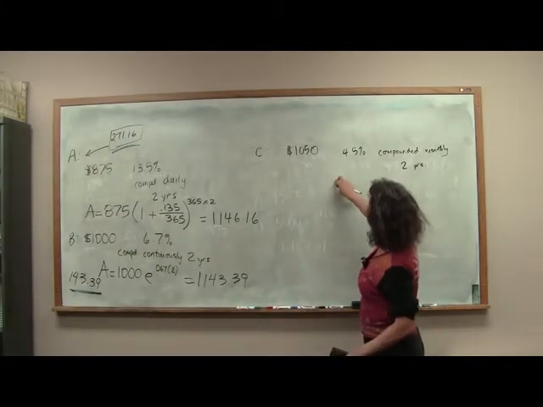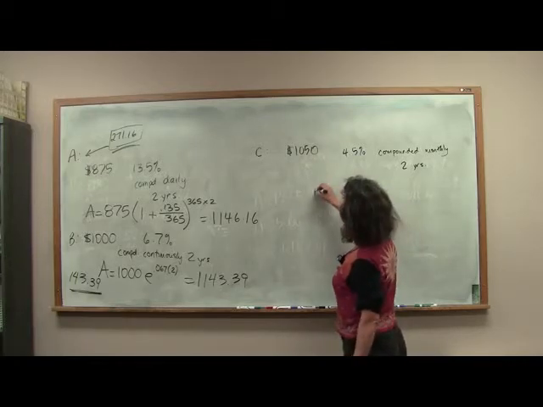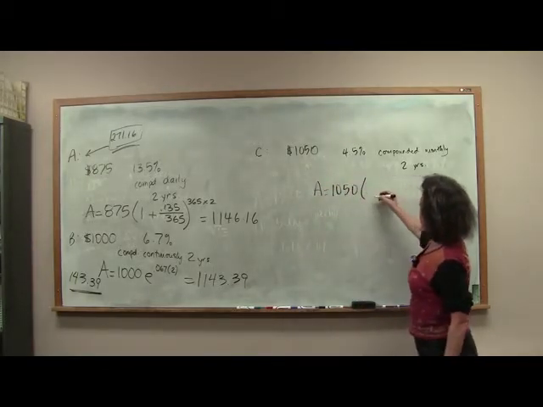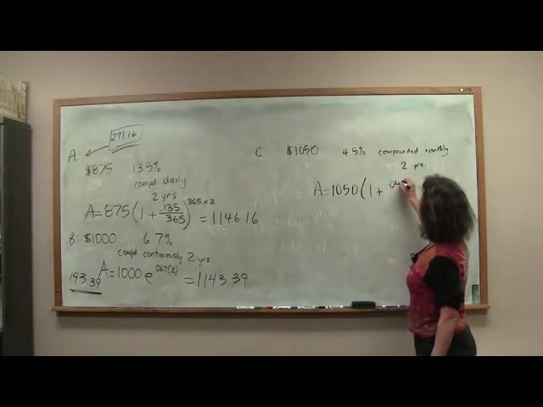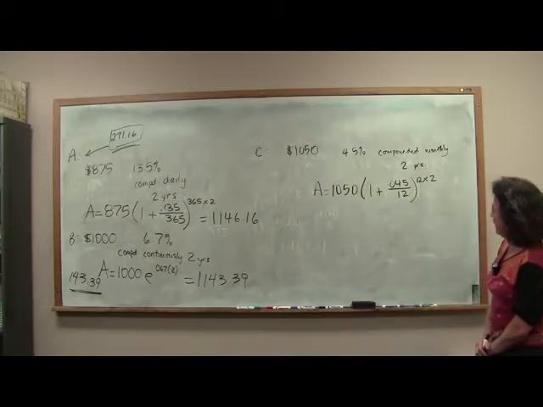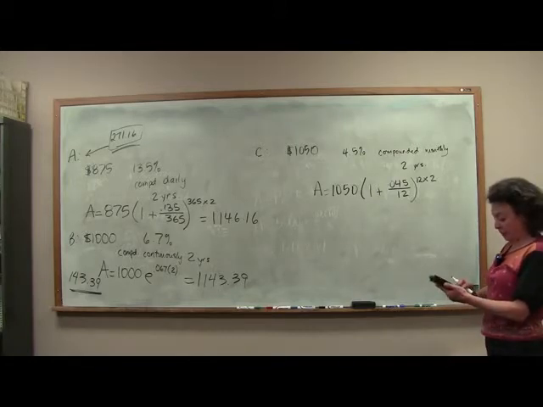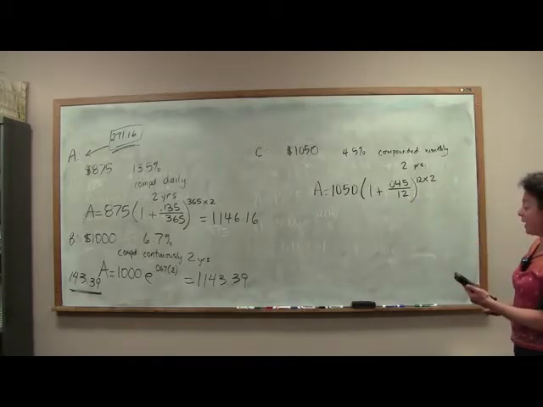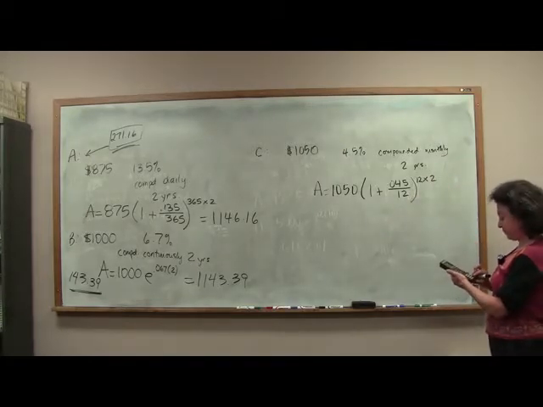So now what we need to do is compare it with this guy. Here we are starting out depositing $1,050. We don't have a very big interest rate. And let's see what we get here. 1 plus 0.045 divided by 12. Now why is it 12? Because I'm compounding it monthly.